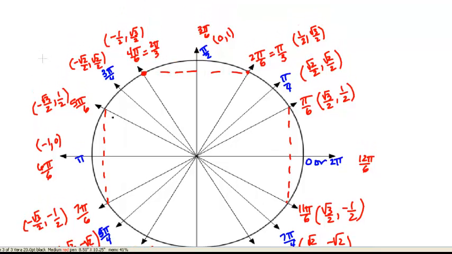So the interesting thing to note is that when the angle formed with the x-axis is the same, for instance, if this angle is the same as this angle, notice my terminal point is the same except for the signs.